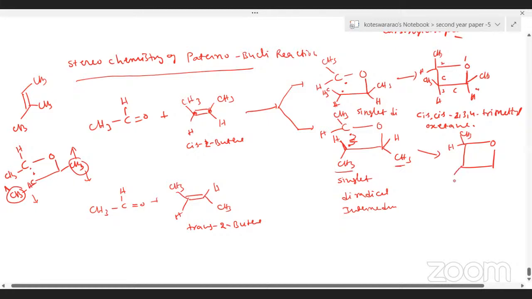For that reason, after the reaction also, the methyl groups are oriented below the plane. Now, this methyl group is above the plane, this methyl group is below the plane. Now, this is trans. These two methyl groups are the same and below the plane, therefore cis.